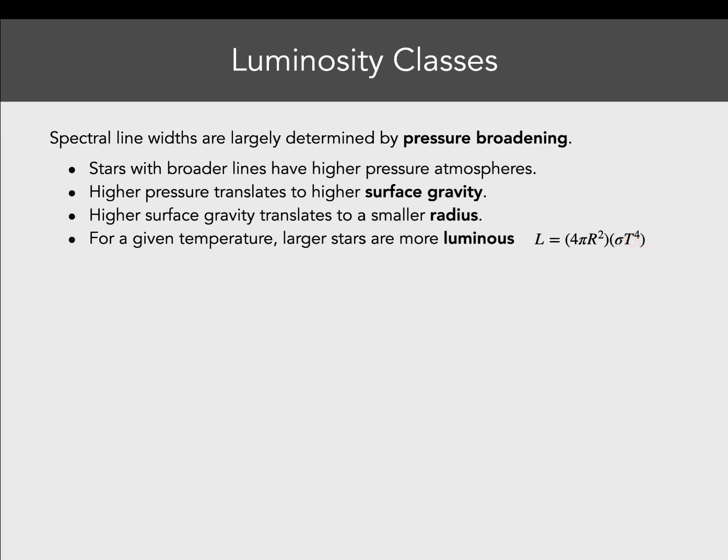So for a given temperature, if you have a star with a larger radius, you'll also have a larger luminosity. So there's this logical chain that connects the luminosity of a star to the width of the spectral lines. And it's somewhat involved to prove all this. We're just going to state it as a fact and then move on.